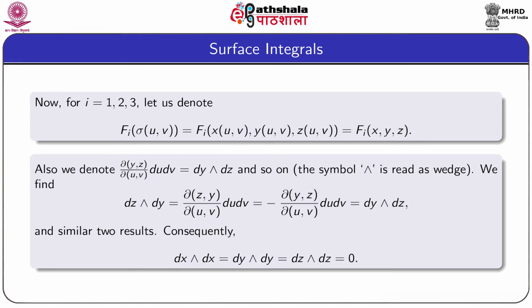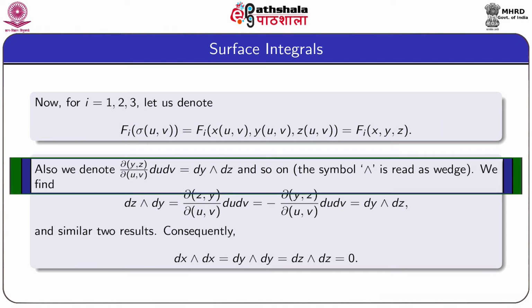Now, for i equal to 1, 2, 3, let us denote Fi(sigma(u,v)) equal to Fi(x(u,v), y(u,v), z(u,v)), that is Fi(x,y,z). Also, we denote the Jacobian del(y,z)/del(u,v) du dv as dy wedge dz, and so on.